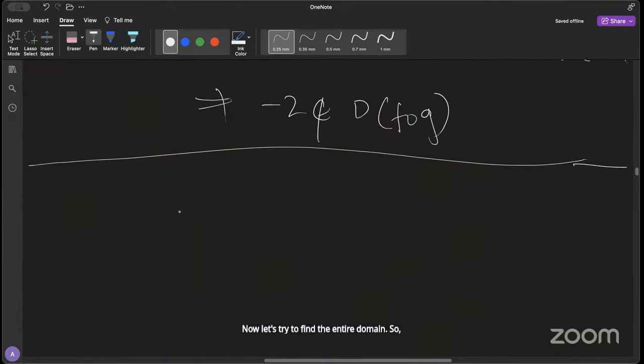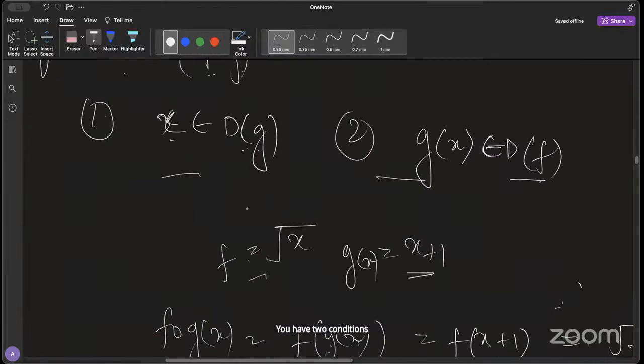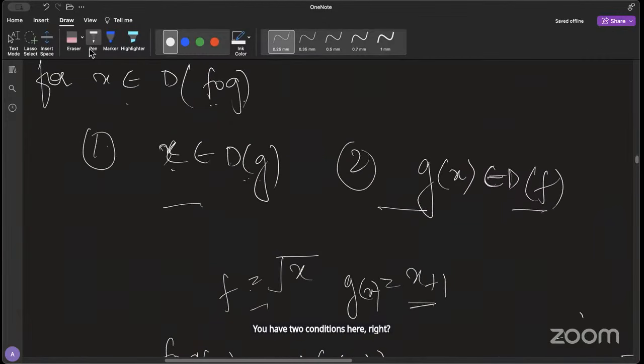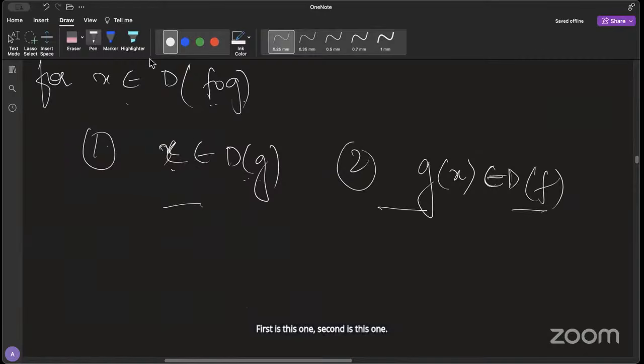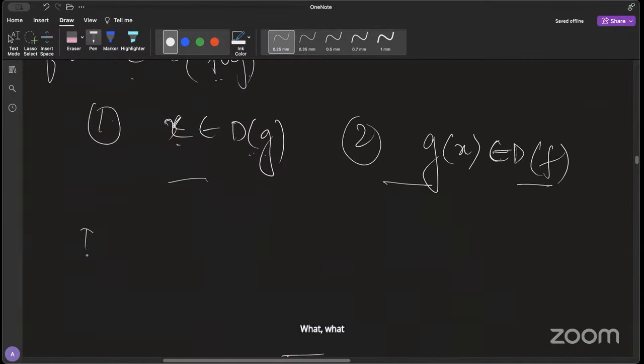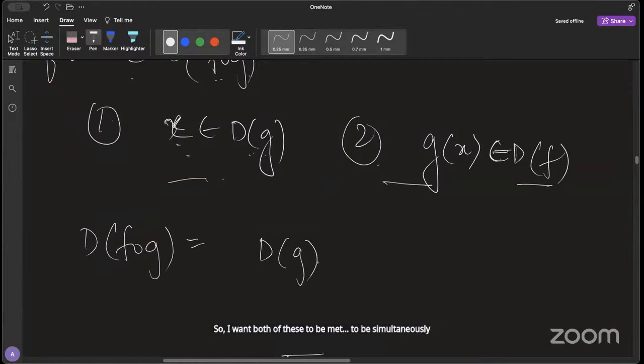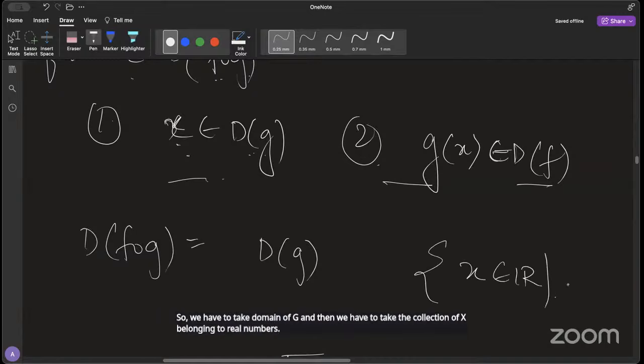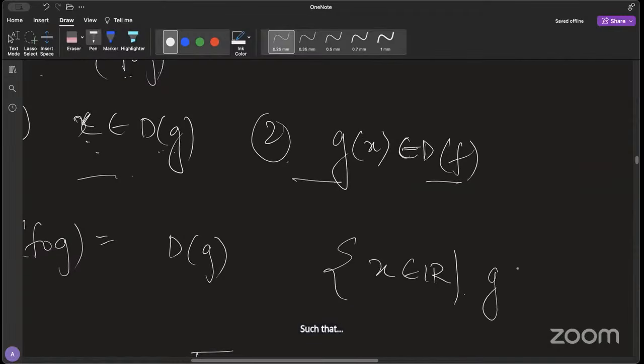So you have two conditions here, right? First is this one, second is this one. What does it mean then? The domain of f∘g should be equal to the domain of g, and I want both of these to be met, to be simultaneously true. So we take the domain of g, and then the collection of x belonging to real numbers such that g of x is in the domain of f.